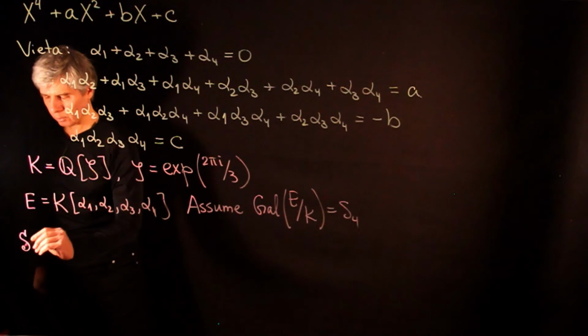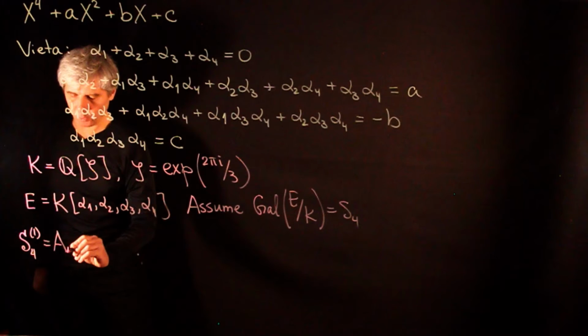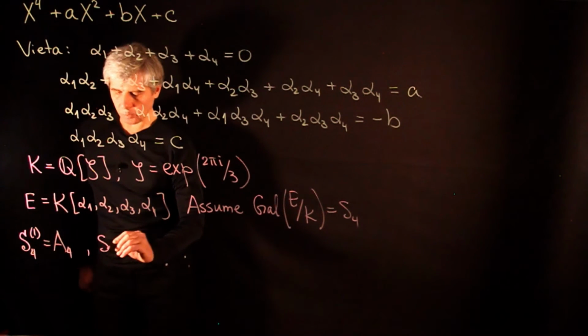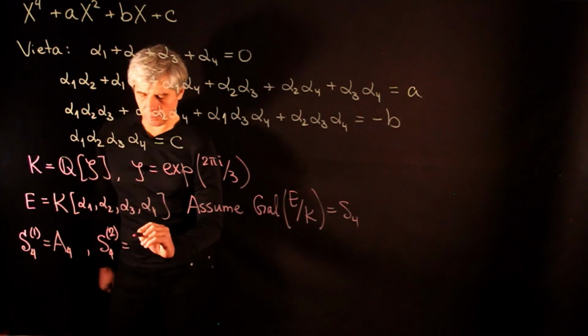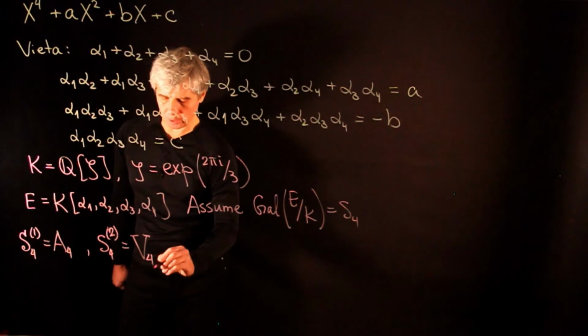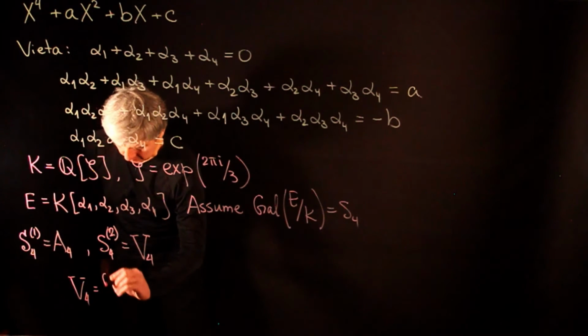The first commutator subgroup of S4 is the alternating group A4. The second commutator subgroup is the Klein four-group V4. So V4 consists of the following elements.